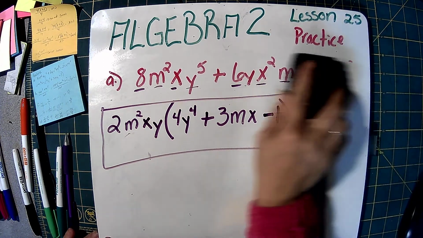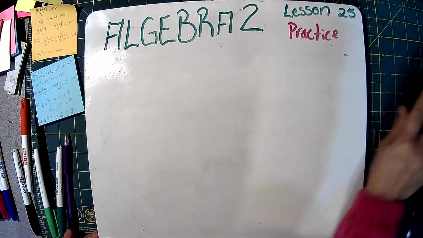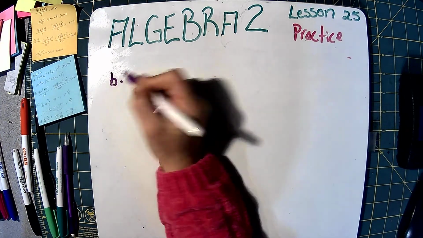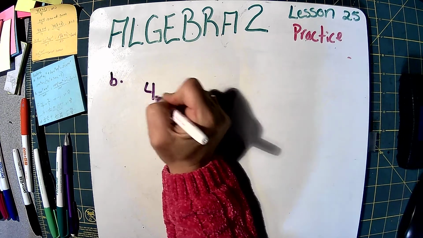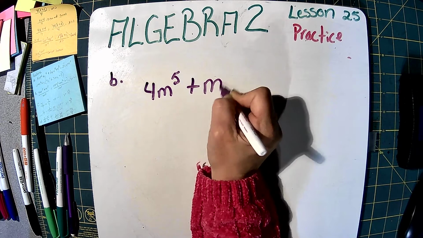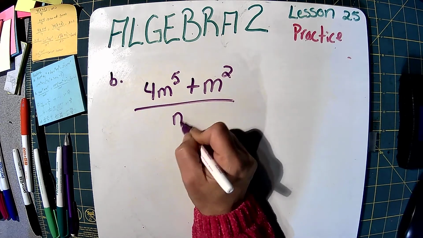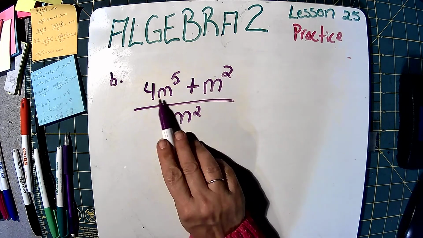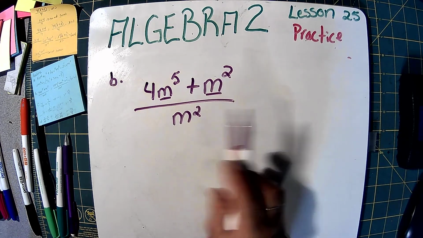Okay, let's try B. B is 4m to the 5th plus m squared over m squared. Now, I can't cancel these yet, but I notice that I can pull m squared out of both of those factors.